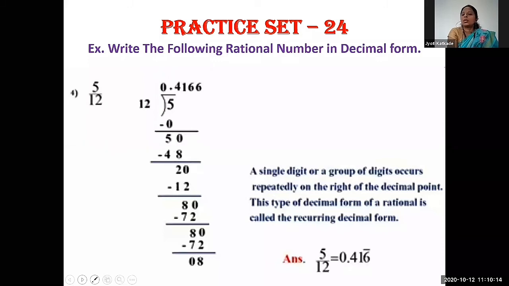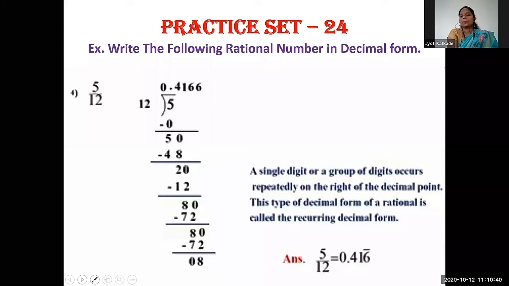Now minus 0 from 5, there is 5. Now take a decimal point after 0, and we know that when we take a point after 0, we can add 0 on the 5.